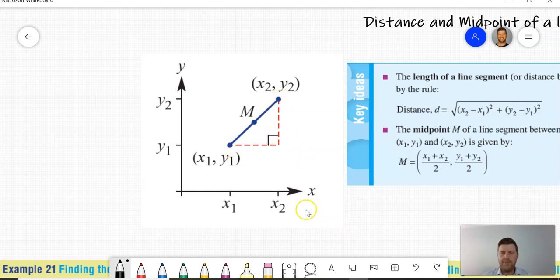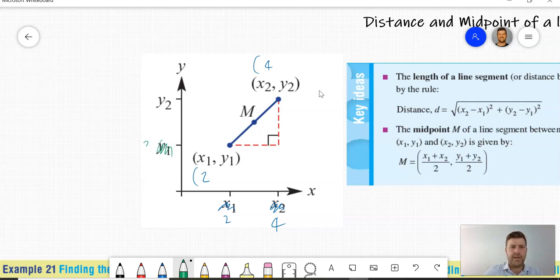So this looks a little bit confusing, but if I, for example, had x values of, let's say, 2 and 4, meaning that this coordinate would have an x value of 2, and this coordinate would have an x value of 4. And let's go ahead and put some y values in. We'll just make them up.